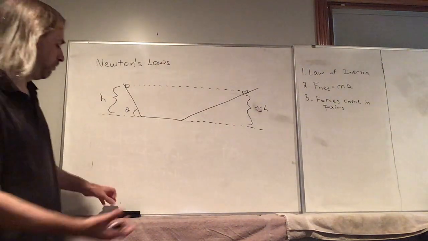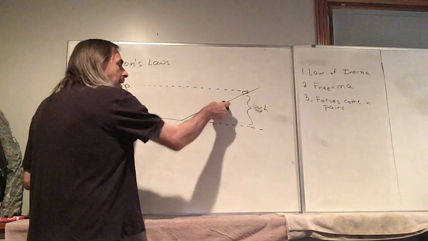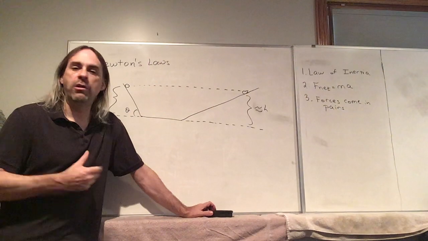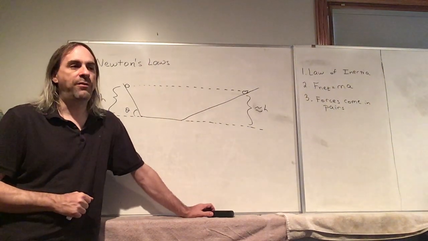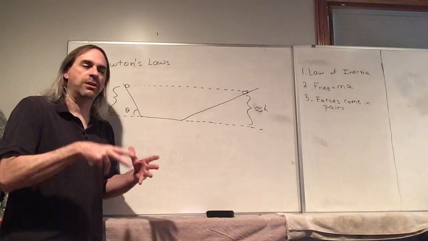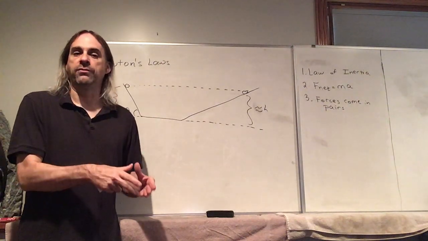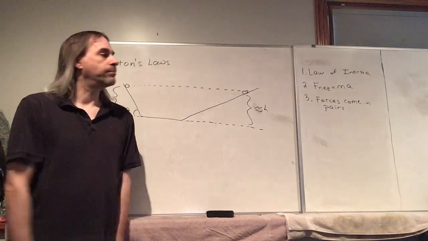Because the whole idea of relativity is that you can apply the same laws of physics in different reference frames. And if you say an object is at rest, that's a natural state, that means there's this one natural reference frame where an object is at rest.